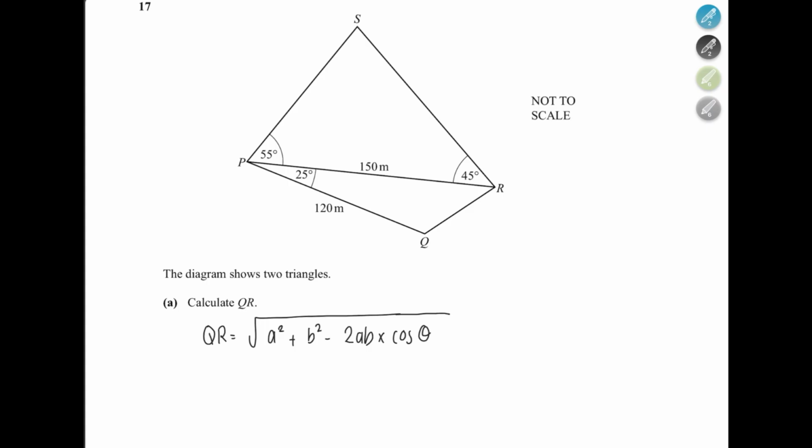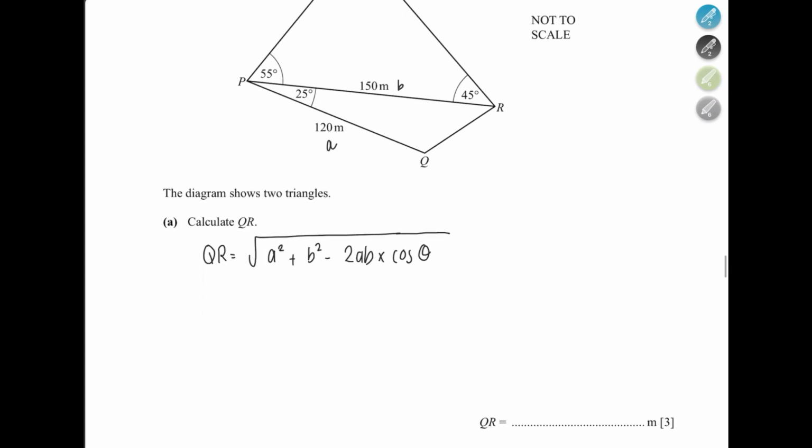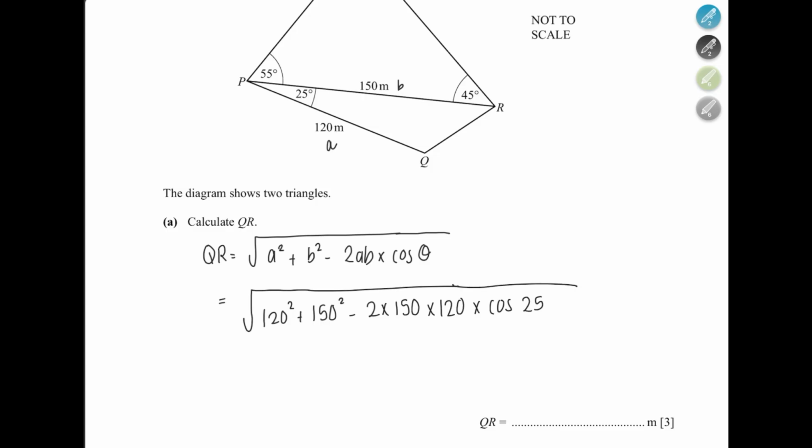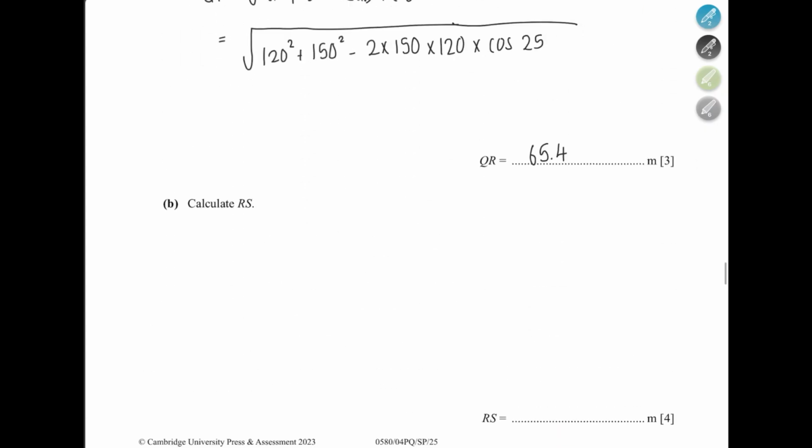So theta is 25, and we can consider both of these lengths as a and b. If we substitute this in the formula, it's going to be 120 squared plus 150 squared minus 2 into 150 into 120 multiplied by cos 25. And the length would then be 65.4 meters.